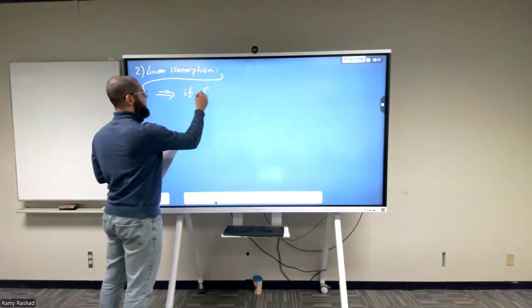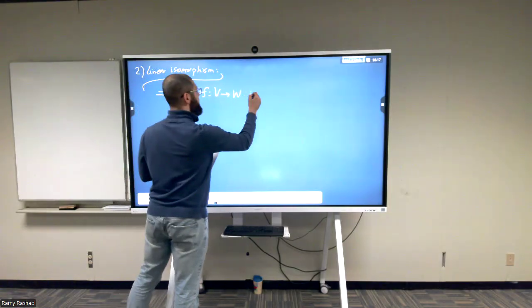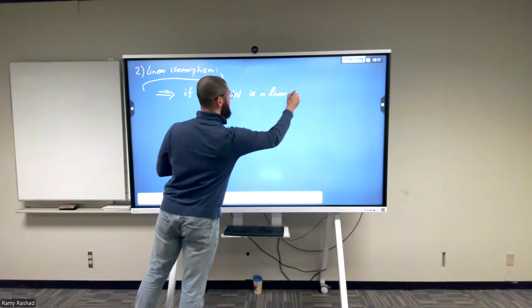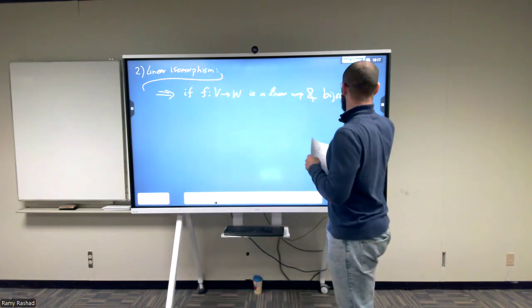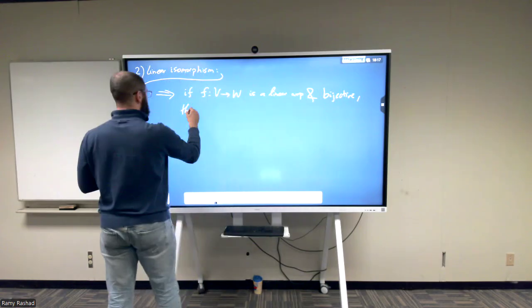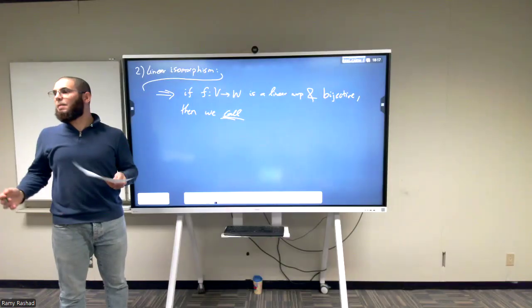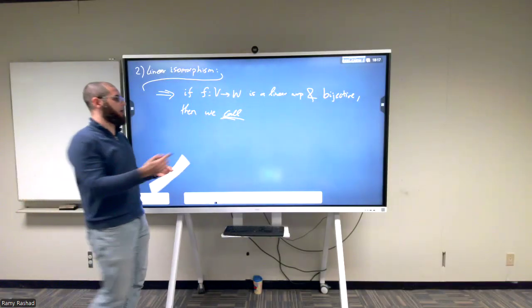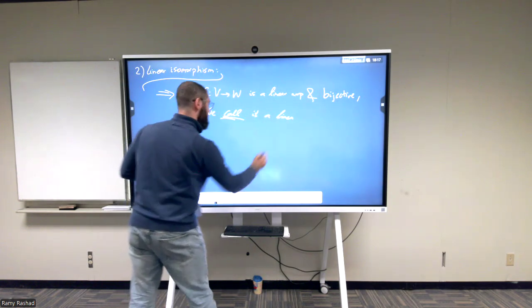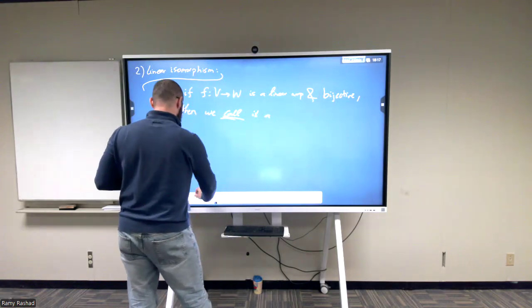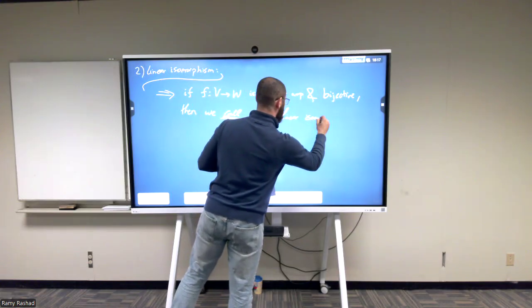So if F between V and W, assuming that V and W are vector spaces, is a linear map and bijective, then we call, and you see here what we mean by call, it's a definition, any map that satisfies these two conditions, we call it a linear isomorphism.